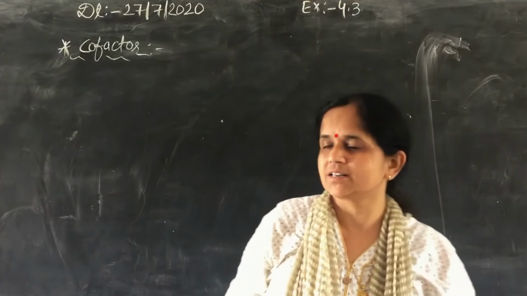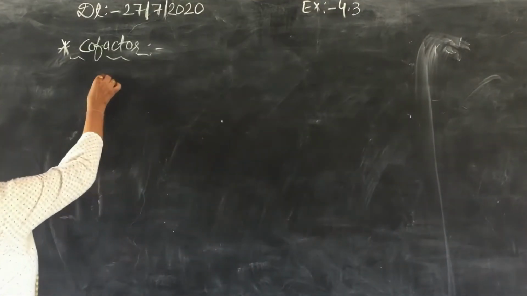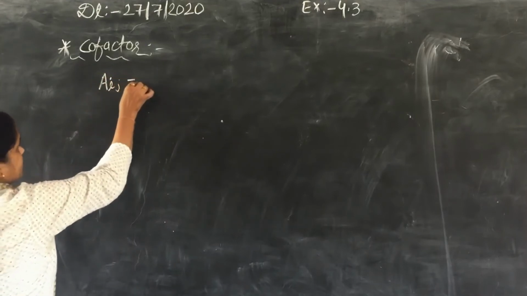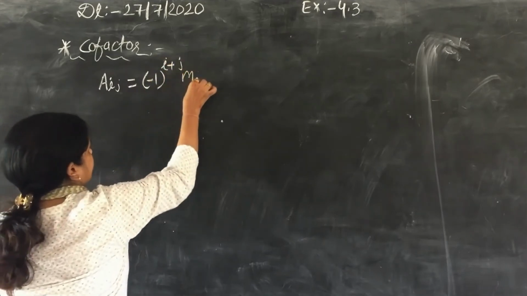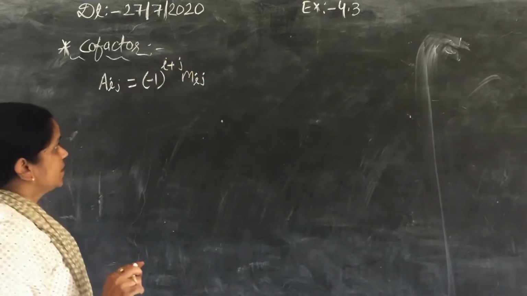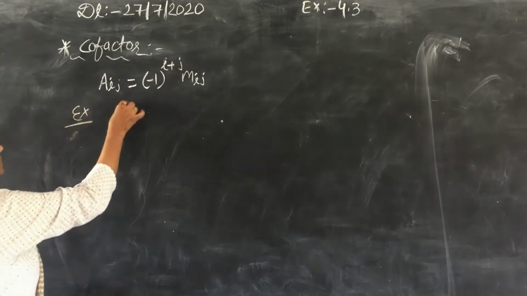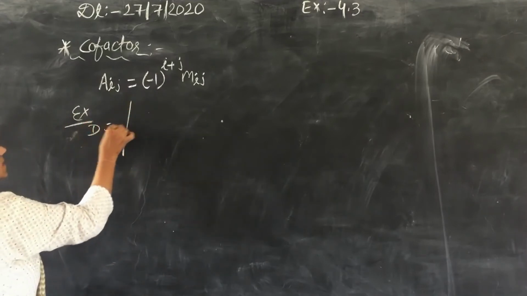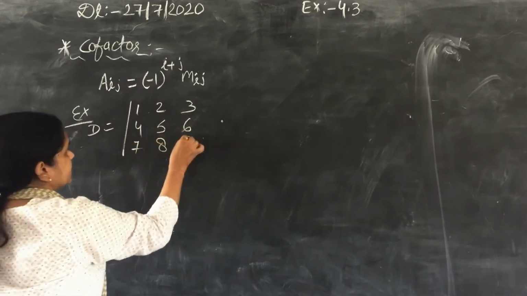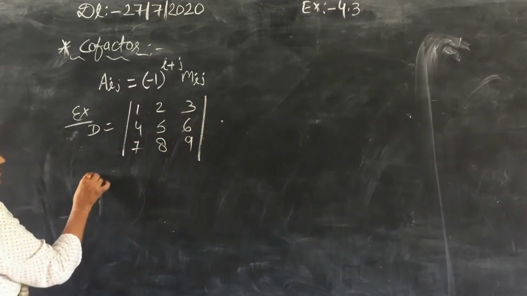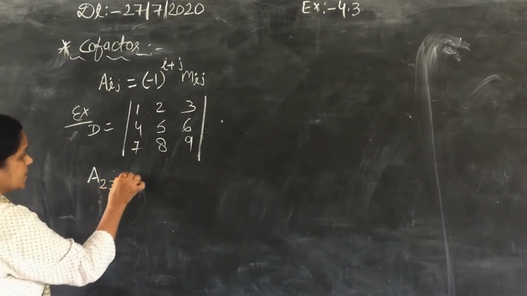Students, the cofactor of an element of a determinant is denoted by Aij and it is (-1)^(i+j) times Mij, where Mij is the minor. Now take an example. Let B be 1, 2, 3; 4, 5, 6; 7, 8, 9. We have to find the cofactor of a23.